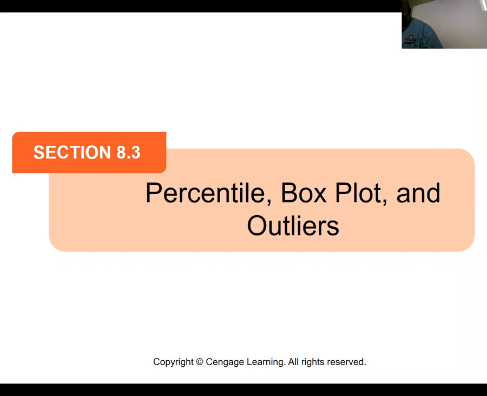We'll also look at the 5-number summary, which also deals with percentiles. From a 5-number summary, we can construct what they call a box and whisker plot. And with the box and whisker plot, we can also detect outliers, which is what we'll look at.